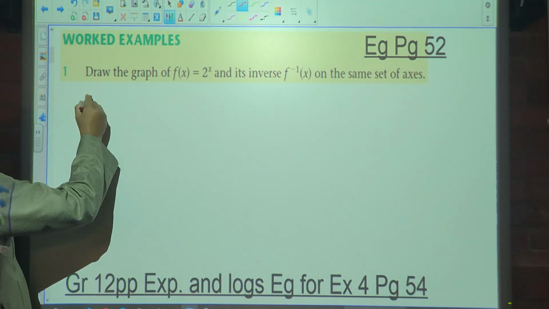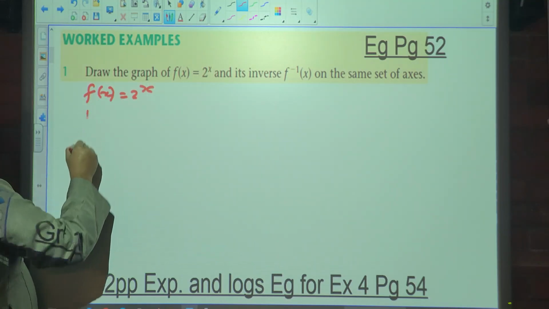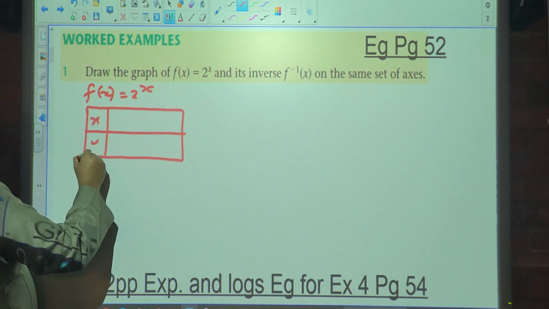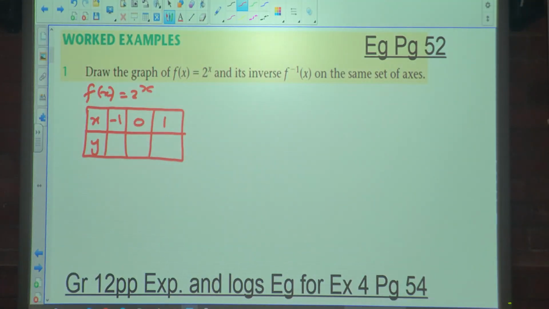We start by saying f of x is equal to 2 to the x. For this graph, we draw a table, so that's an x and a y. The values we choose are negative 1, 0 and 1.